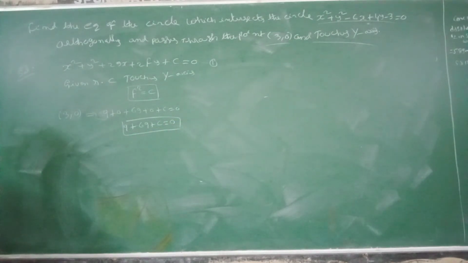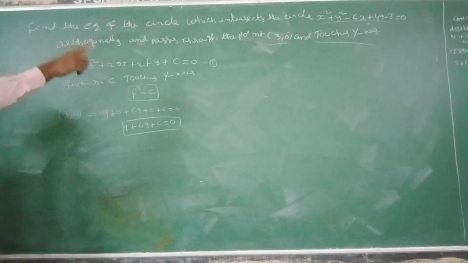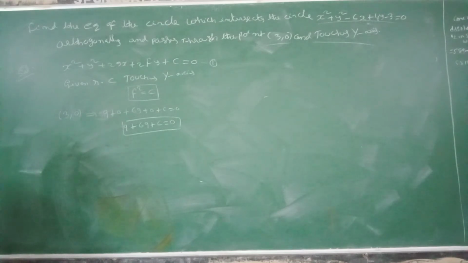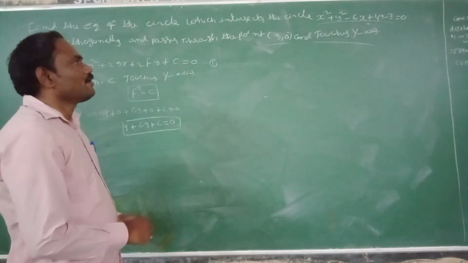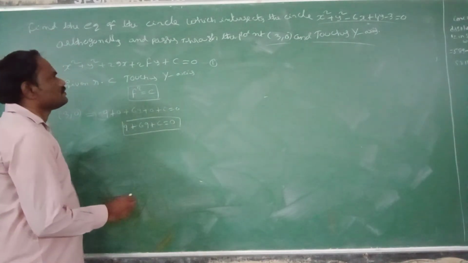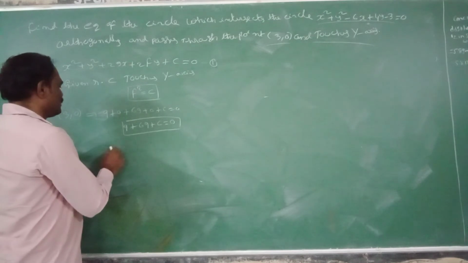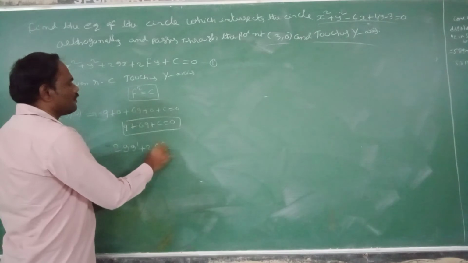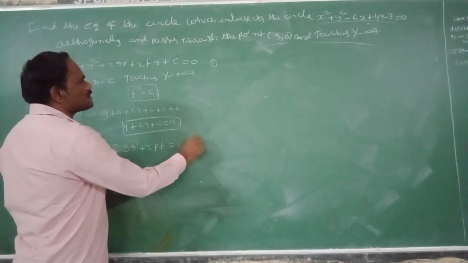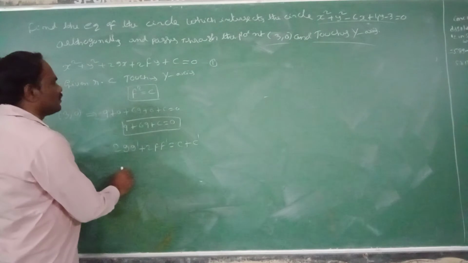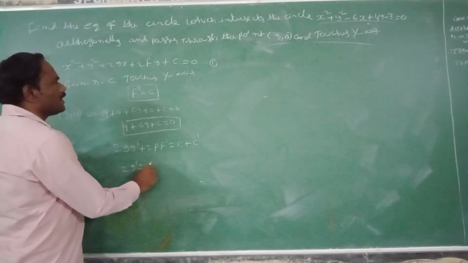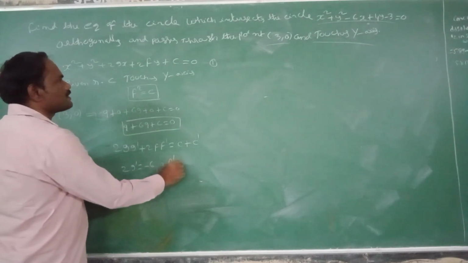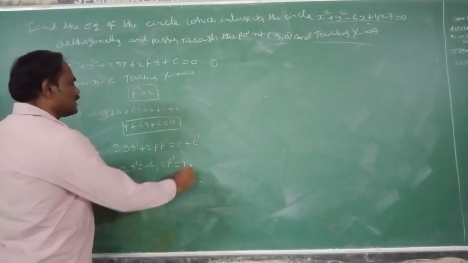Also given one more condition, that the required circle is orthogonal to the given circle x squared plus y squared minus 6x plus 4y minus 3 is equal to 0. So the orthogonal condition is 2gg' plus 2ff' is equal to c plus c'. Here 2g' is equal to minus 6, 2f' is equal to 4, c' is equal to minus 3.